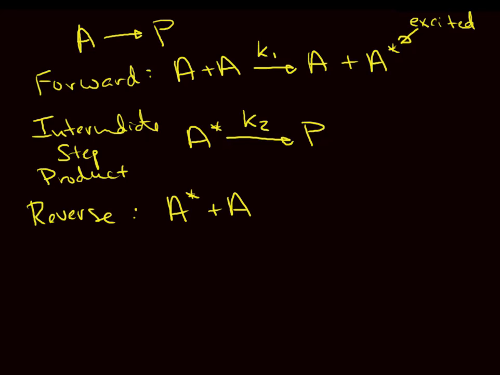So this is another collision of an excited state molecule. And after we have our collision, that energy is transferred, and we start off with our reactants. Two molecules of unexcited A, and we can deem this the de-excitation pathway.